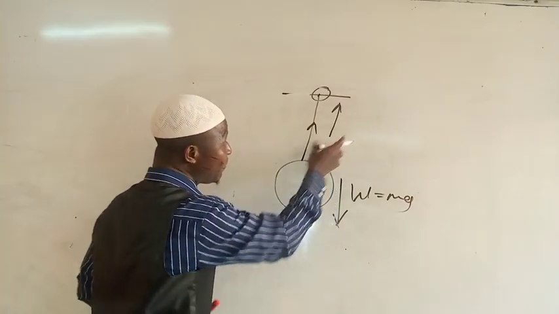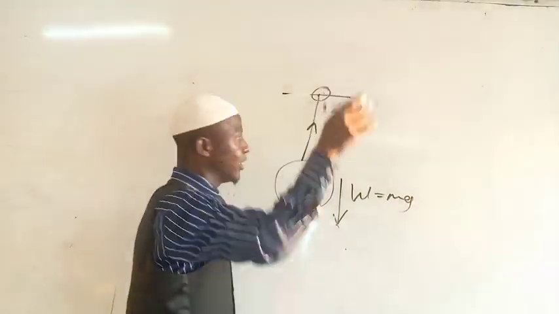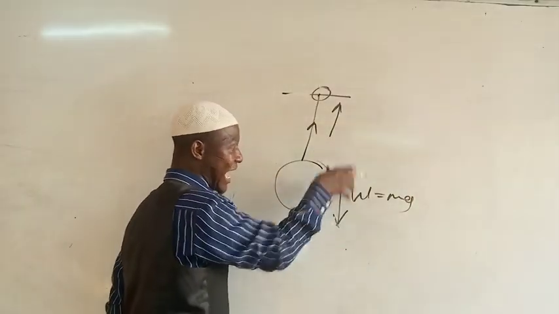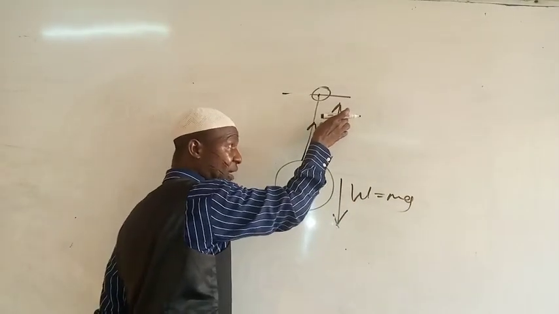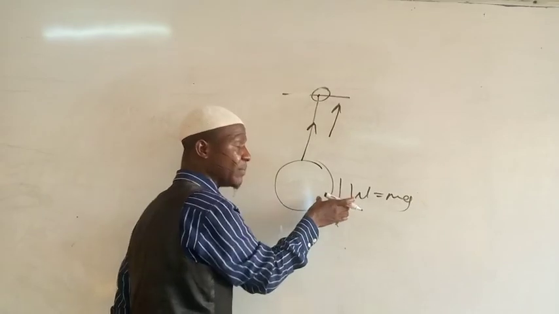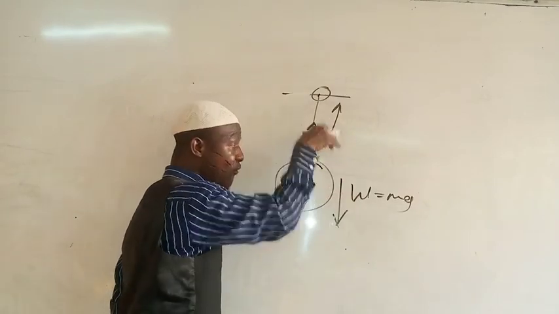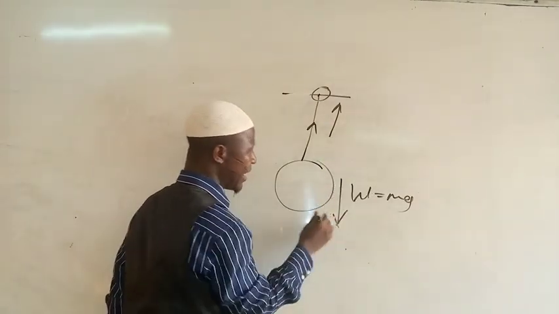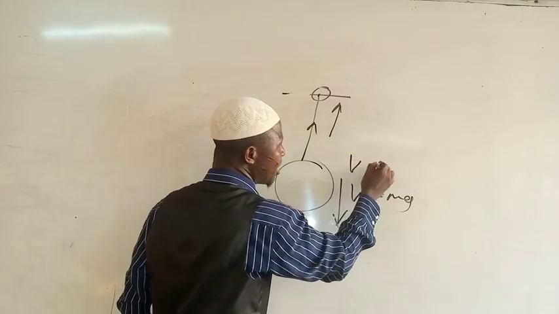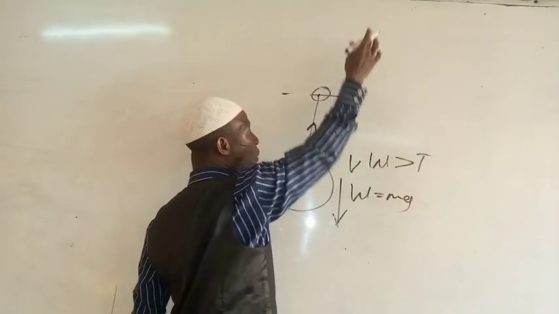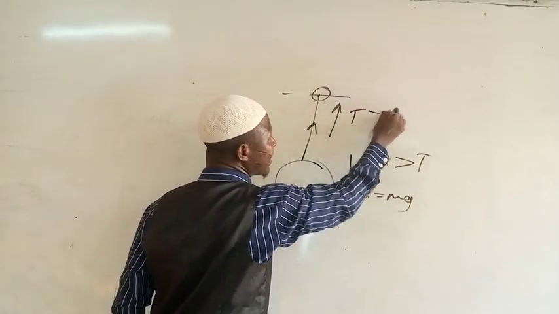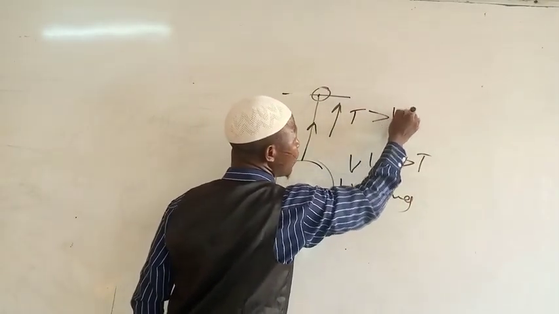Now, if the object is moving, it means either the action, the weight, is greater than the tension, or the tension is greater than the weight. The object will move down if the weight is greater than the tension. But it will move upward if the tension is greater than the weight.